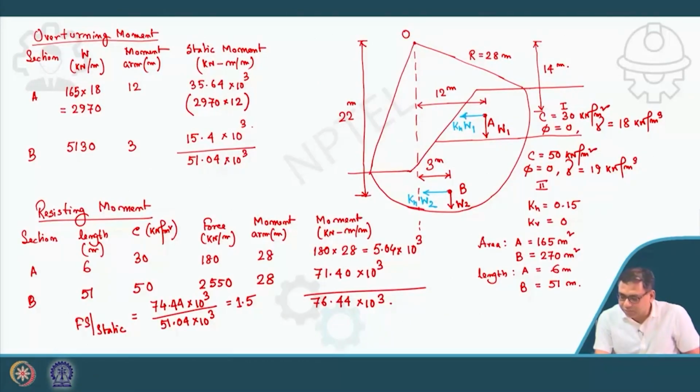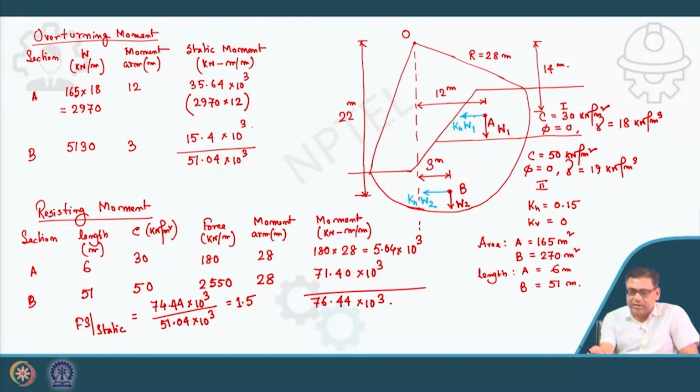Now this force, initially W was acting in the downward direction and kH into W1 is acting in the horizontal direction. You can take this direction on the other side also, but this is the worst condition, because seismic force can come left to right or right to left. We are providing this direction because it will give you the worst condition, the lowest factor of safety.